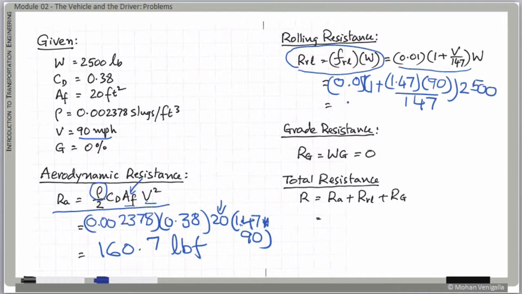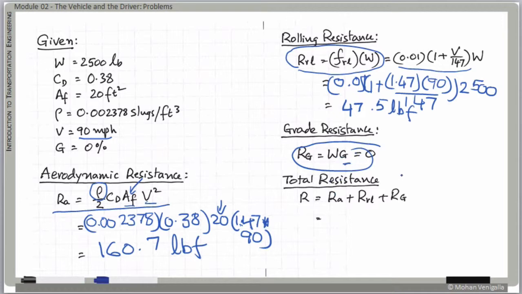So the value comes out to be 47.5 lb force. Since grade G is given as 0, the whole grade resistance will become 0.